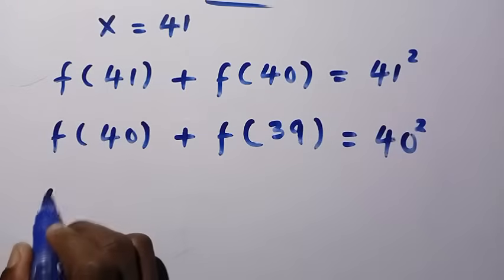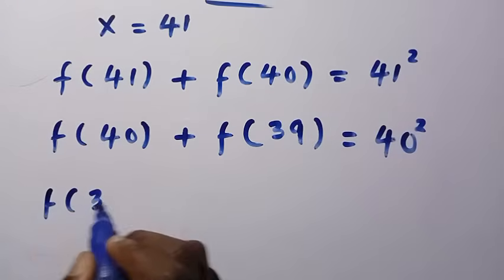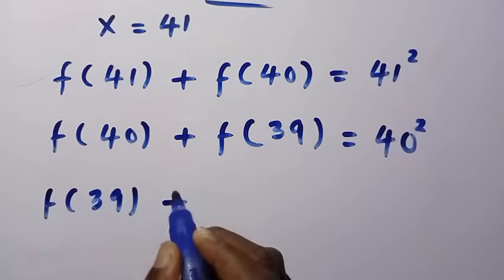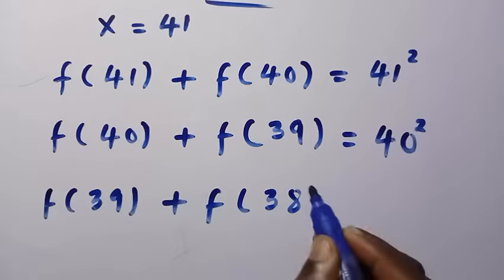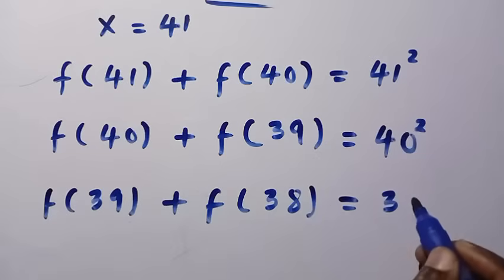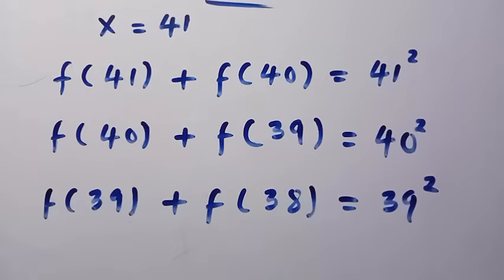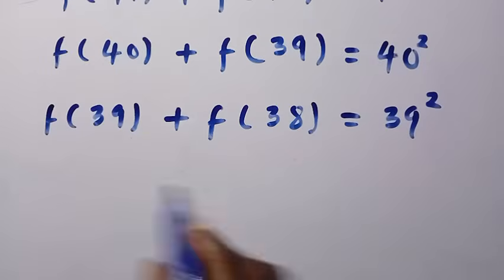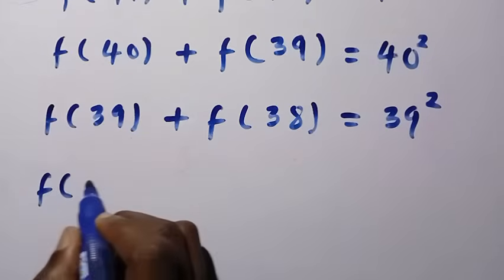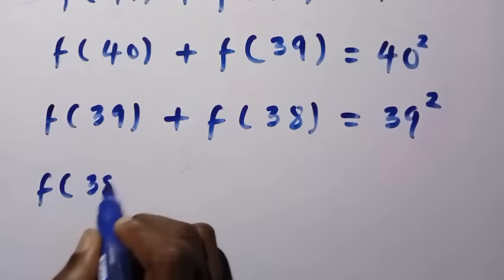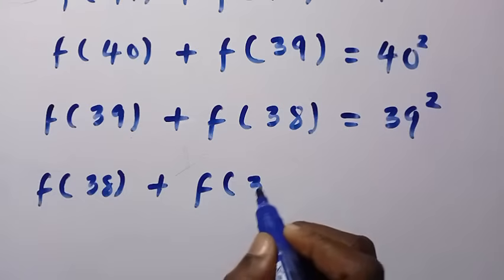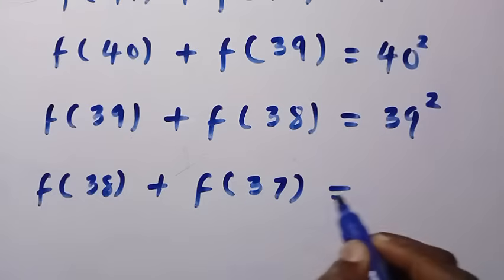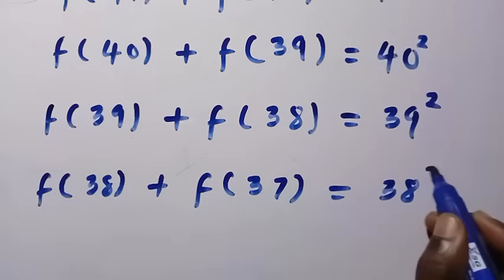And next, if we have f(39), we are going to have plus f(38). This equals 39². So let's keep repeating this process. We have f(38) + f(37) = 38².